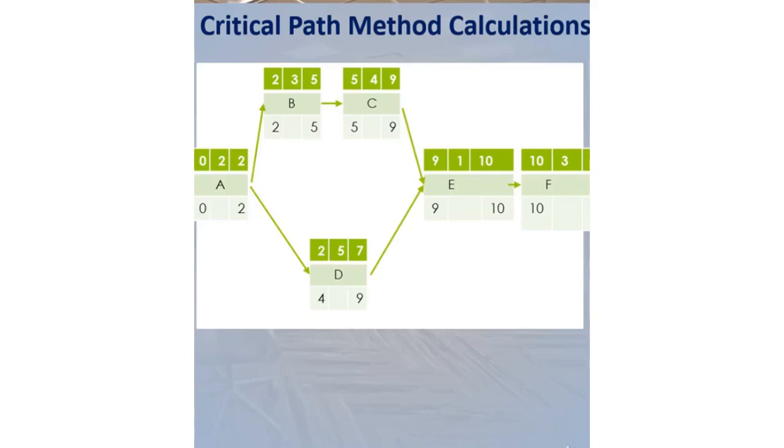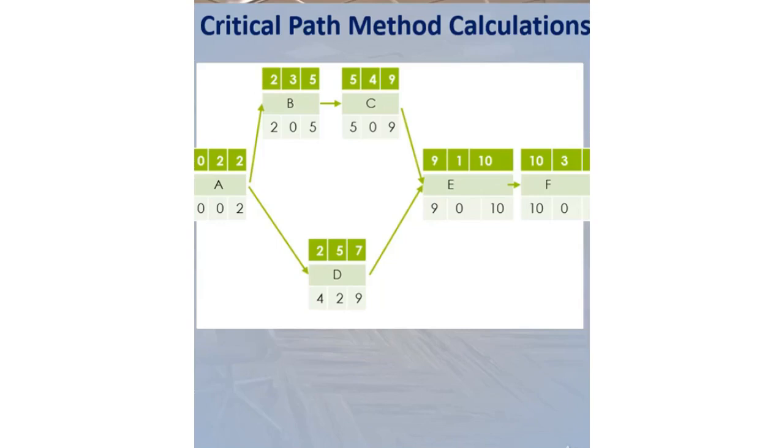Since we have completed our backward pass calculations, we can move on to slack values. Slack value is calculated for each task by either subtracting LS from LF or ES from EF. Since we have calculated all values, we can determine our critical path.